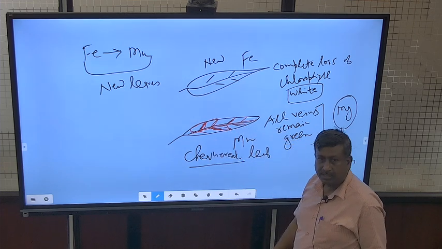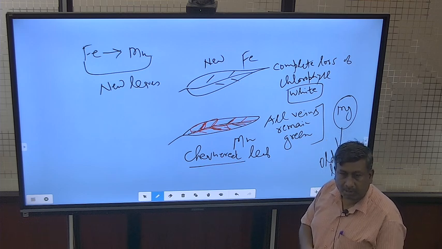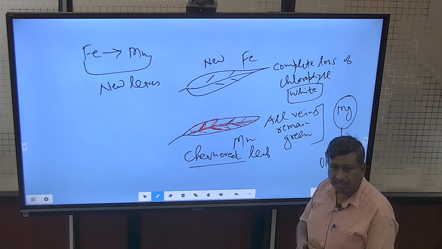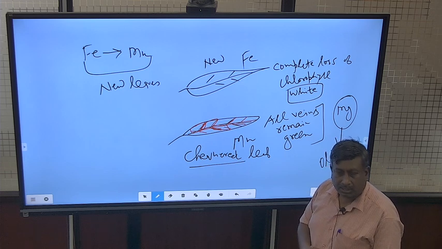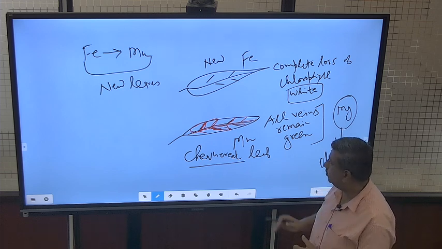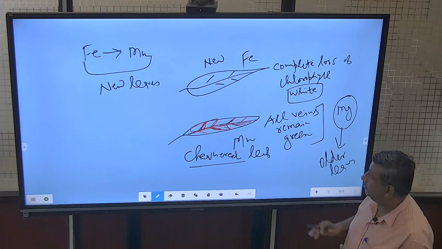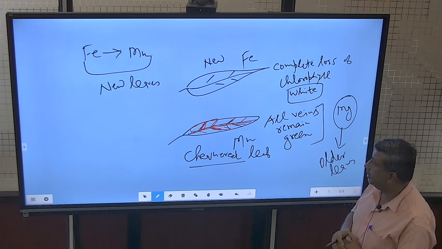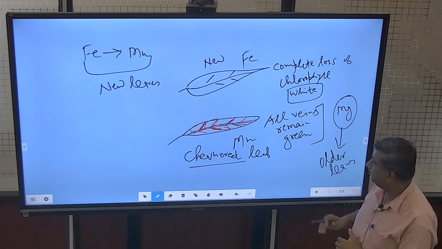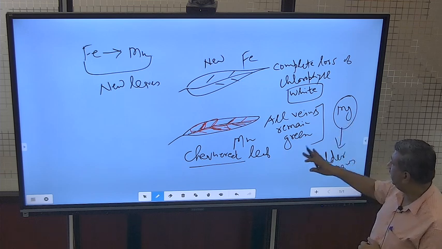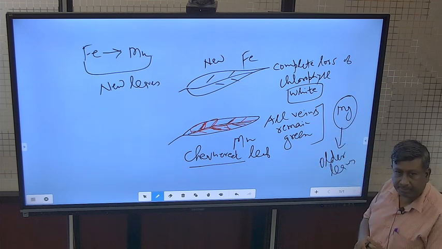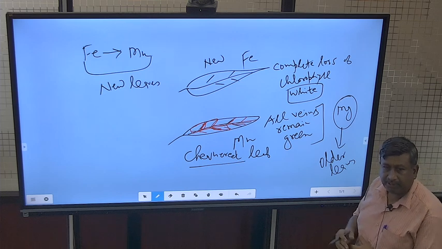Checks are developed because the small, principal and all veins are green and the portion between them is white or yellowish. So, this is the difference between iron and manganese, and this is the same as in case of magnesium. Magnesium symptoms are similar, but the types of leaves are different.